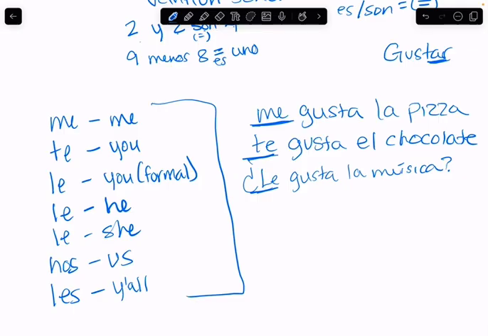Me gusta, and mind you, I'm looking at page 16 towards the bottom of it. It gives you vocabulario útil, which is useful vocabulary. Me gusta la comida mexicana. Me gusta la ópera. Me gusta el café. Bien?